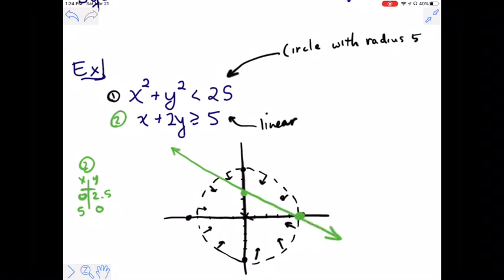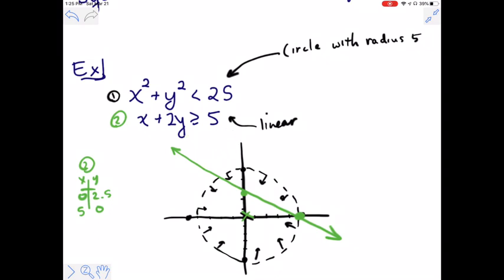And then I need to determine the shading on this. So I'm going to use a test point right there of 0 comma 0. If x and y are both 0, then I have a statement 0 is greater than or equal to 5. 0 is not greater than or equal to 5. So I'm not going to be shading towards the test point in relation to this green line.